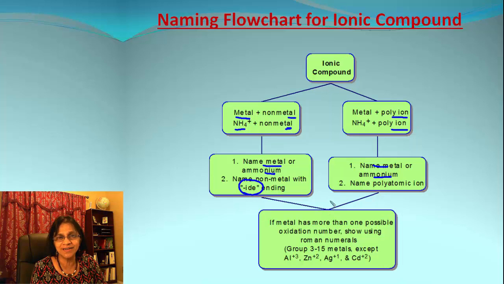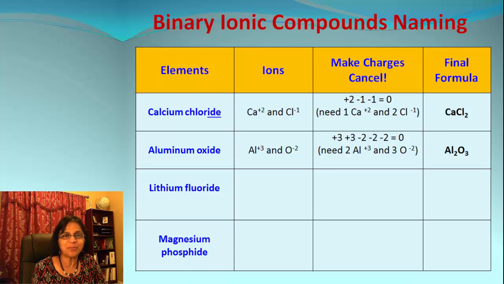If it's chlorine, it will be chloride. If it's bromine, it will be bromide. And if it's a polyatomic ion, we simply write down the name of the polyatomic ion as the last name. Isn't it simple? And of course, if there are elements with variable charges, we use a Roman numeral.